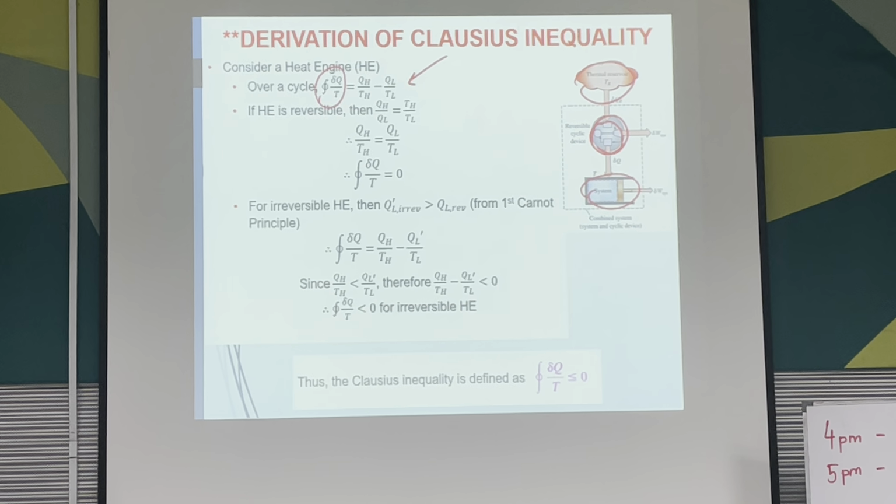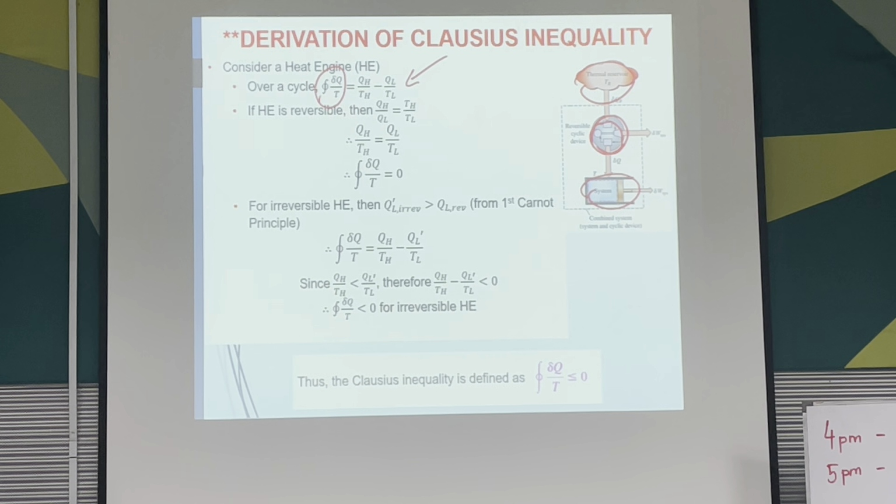So if we are dealing with a reversible heat engine, remember that we have this relation: QH over QL can be replaced by TH over TL. If we replace that, then obviously this whole thing can be cancelled off.